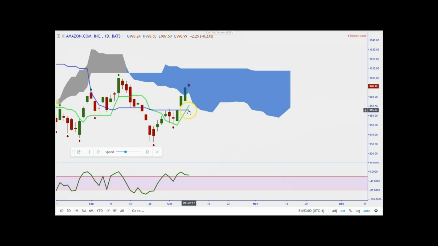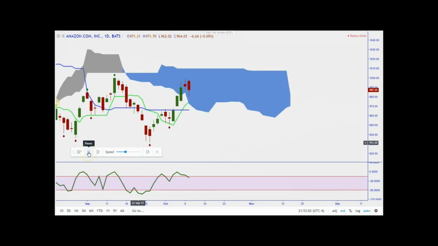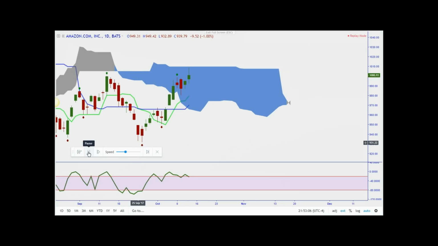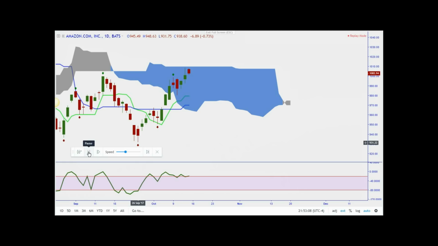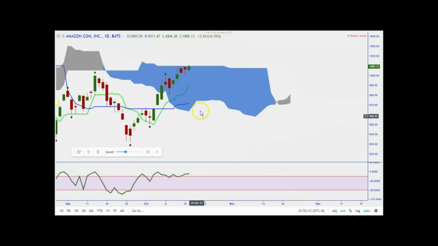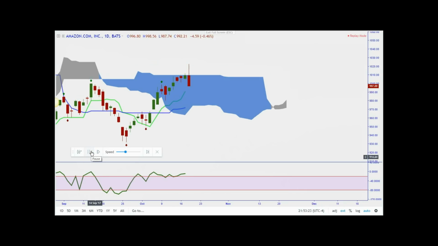Now we got a bullish crossover, so we're going to be looking for long opportunities. More than likely, this is a resistance level. We'd be looking at the market maybe failing here, so we look to see where we break that previous low. And there it was. You could see a big rejection here.